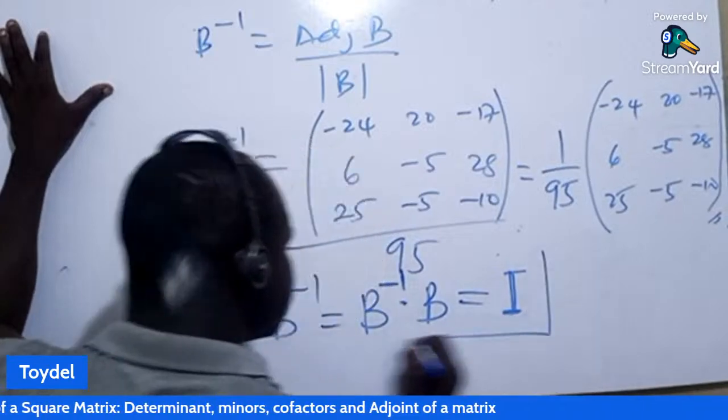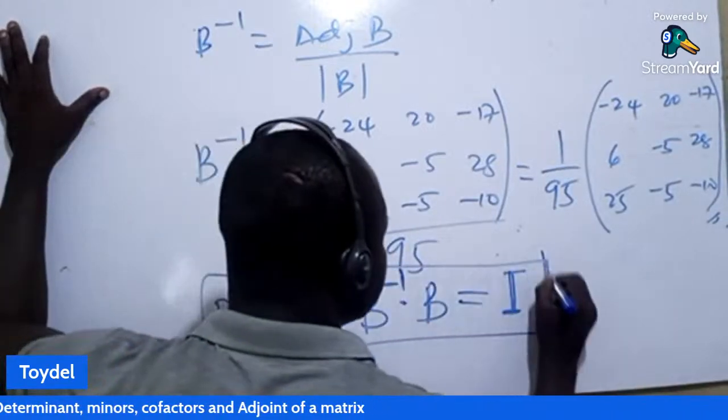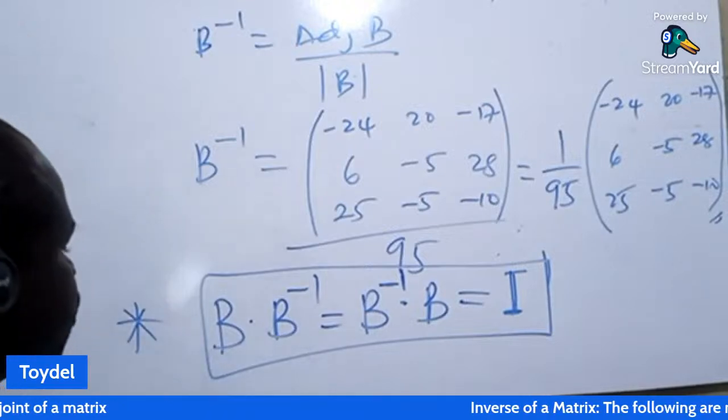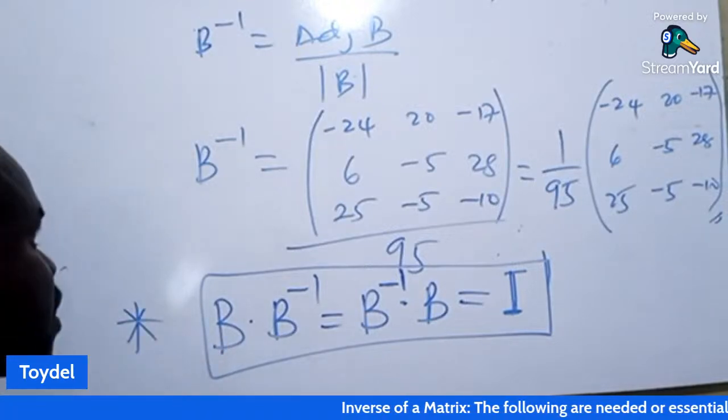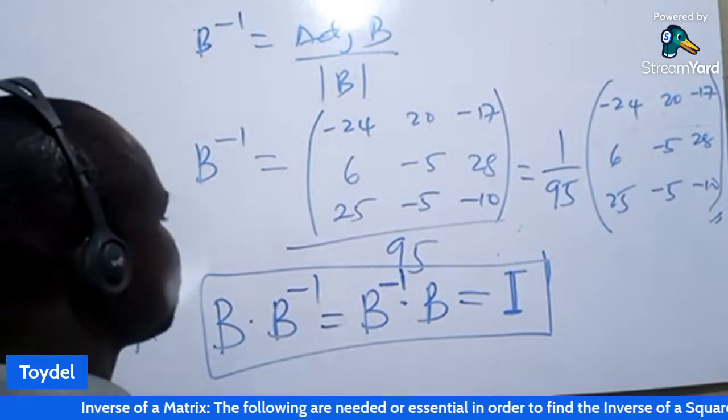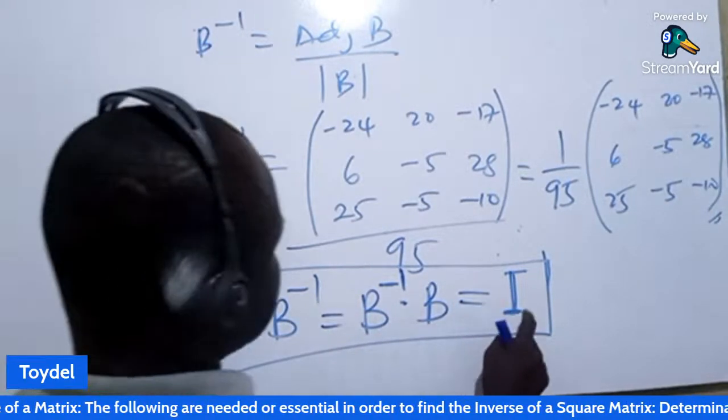We must get a unit matrix. So please, I want you to check this using the two examples. The matrix in the first example, 2 by 2, is A. Just multiply A by A inverse, and let's see if you are going to get a unit matrix.